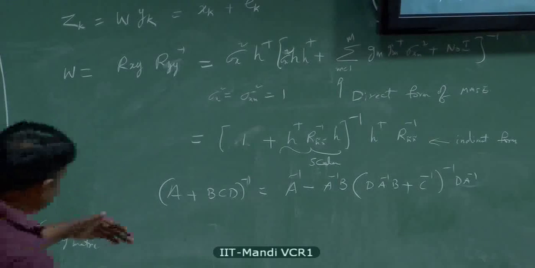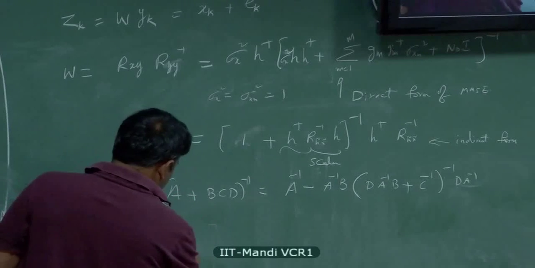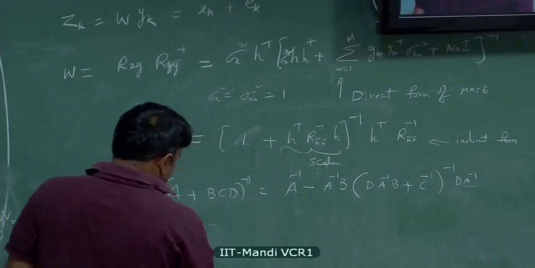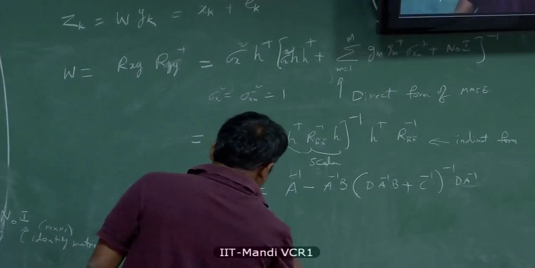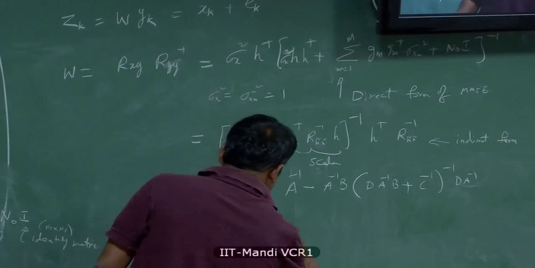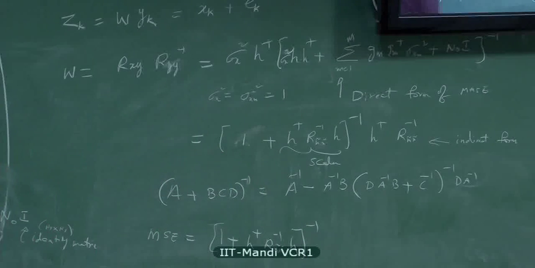Before we proceed further, first I will derive an expression for the mean square error. The mean square error for this receiver can be shown to be, I won't go through the details, 1 plus H Hermitian Rn tilde inverse H, whole inverse. That is the mean square error.